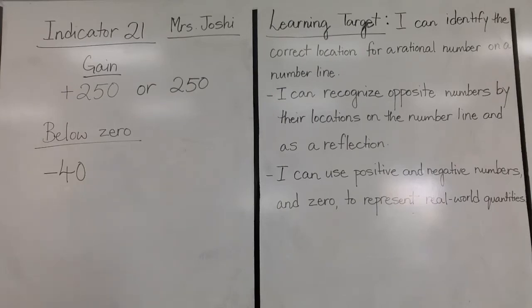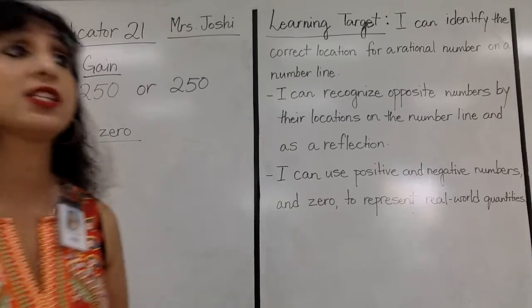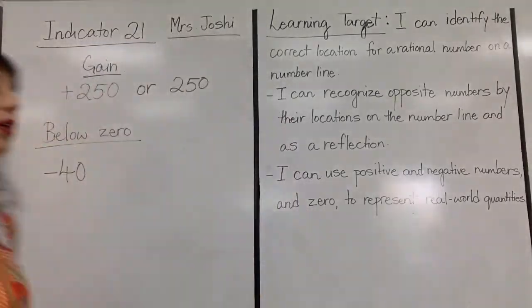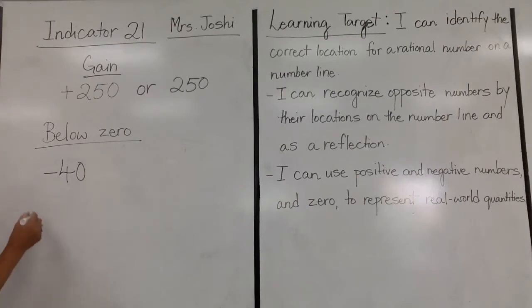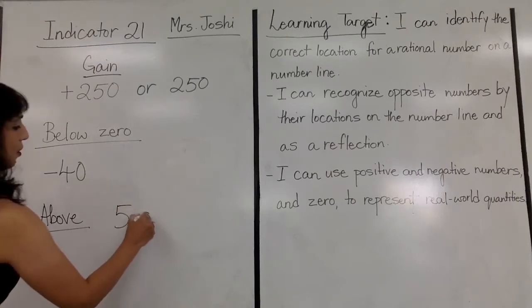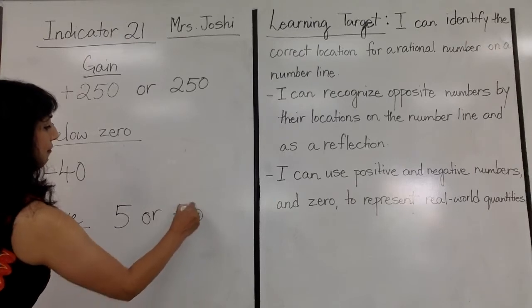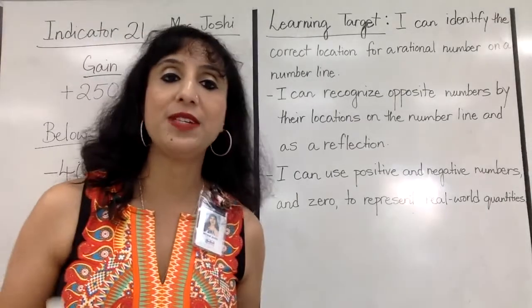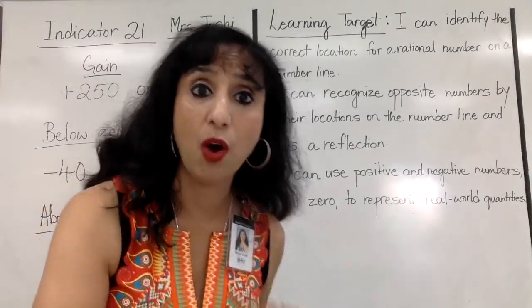If I say a balloon floats 5 feet above the ground, okay? So when I'm saying 5 feet above the ground, this becomes 5. You can write 5 or positive 5. Both are correct. Okay? An anchor is 15 feet underwater.